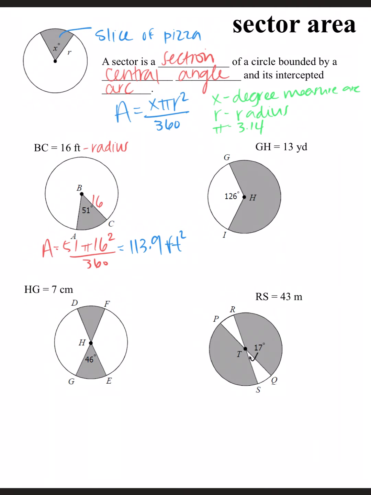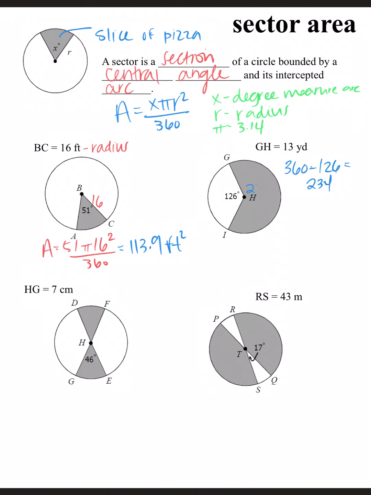You might be given examples like this one, where we still want to find the area of the sector that is shaded, but we are given the degrees of the unshaded area. So all I'm going to need to do is take 360, because that's the total degrees of our circle, minus 126, and that equals 234.